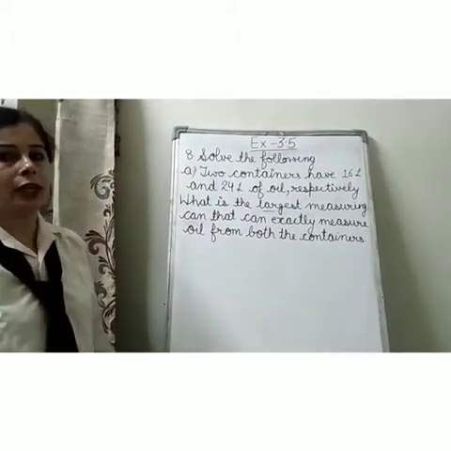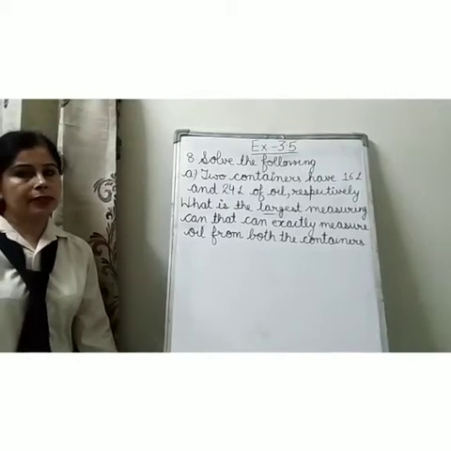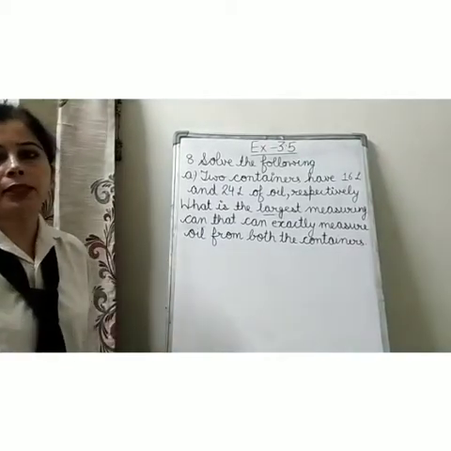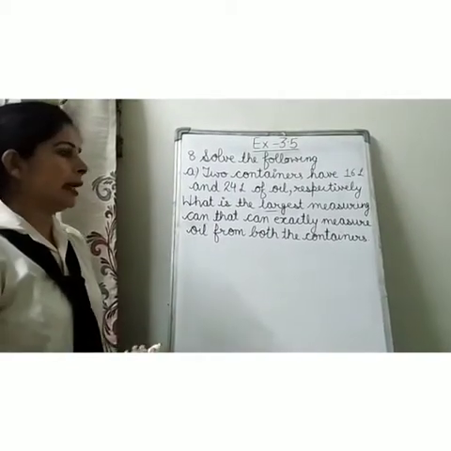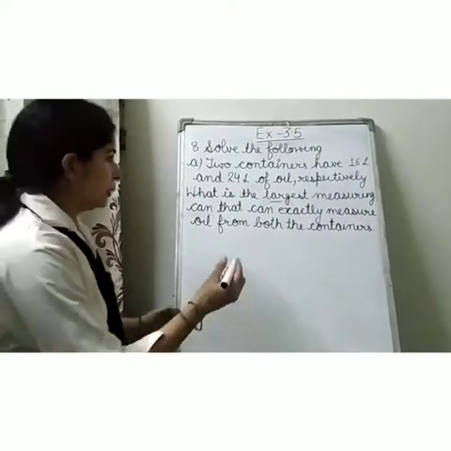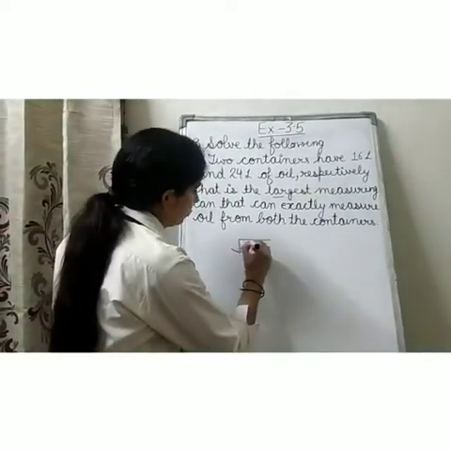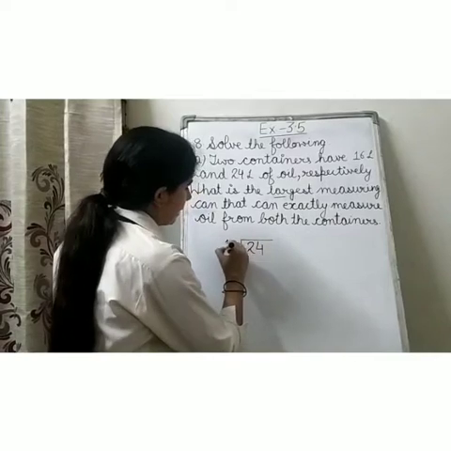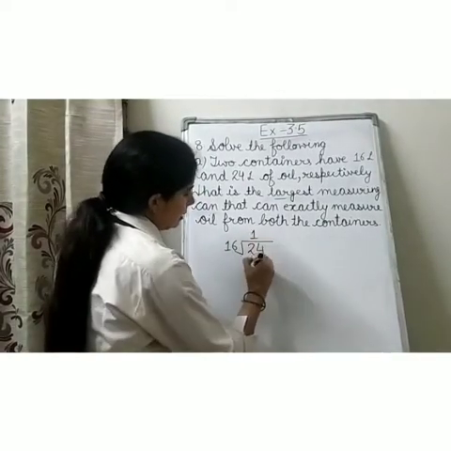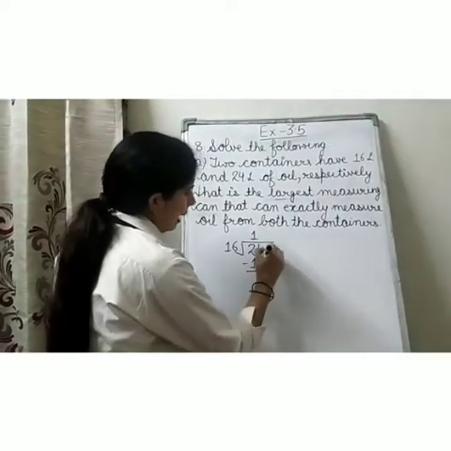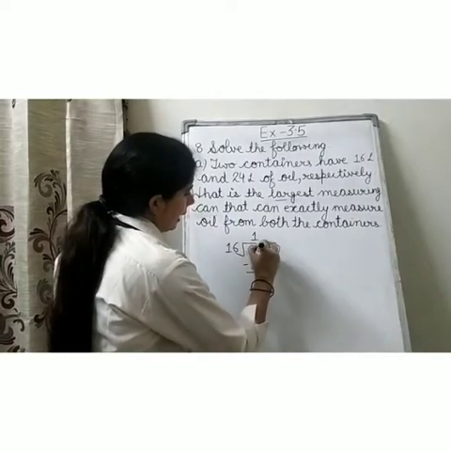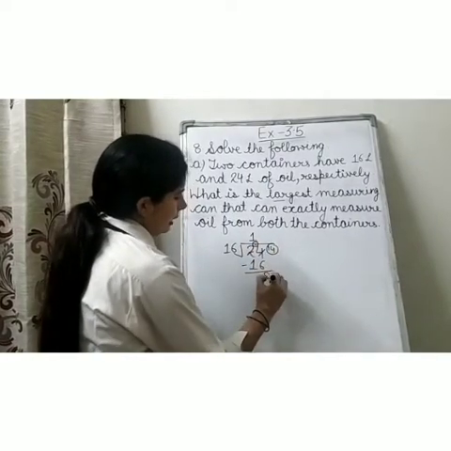What to do? To find the largest measuring can, we have to find the HCF. To find the HCF, we can use any of the methods like division method, prime factorization method, simple factors method. But here I am using division method. For division method, I will divide 24 by 16. 16 ones are 16. Subtract it, it's 8 and quotient will be 1.